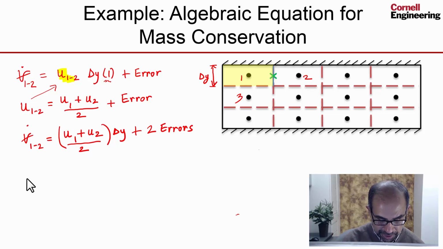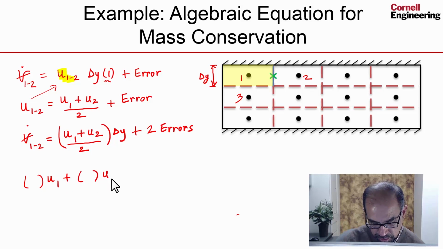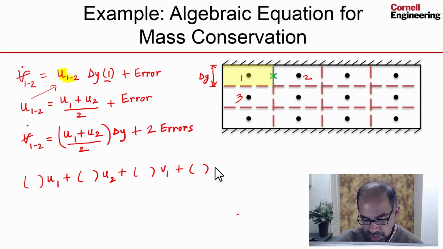So if you put it all together, we will get an equation where the volume of flow from the right face will involve some coefficient times u1 plus some coefficient times u2. Then from the bottom face, I will get some coefficient times v1 and some coefficient times v3.